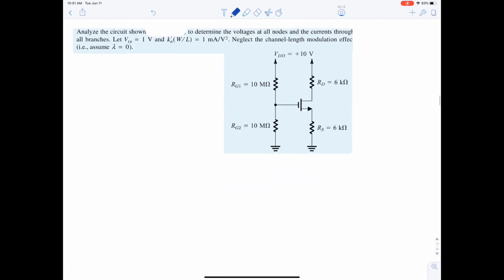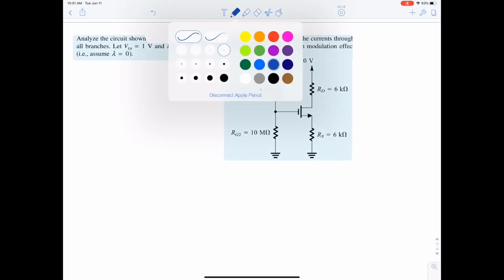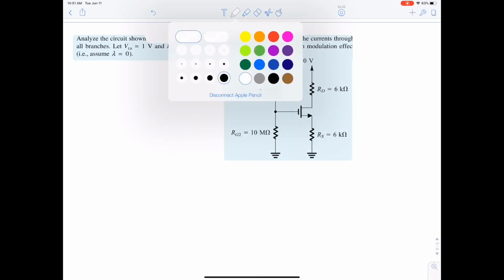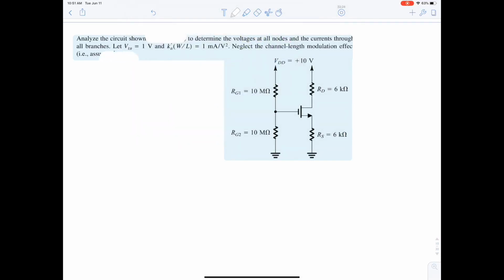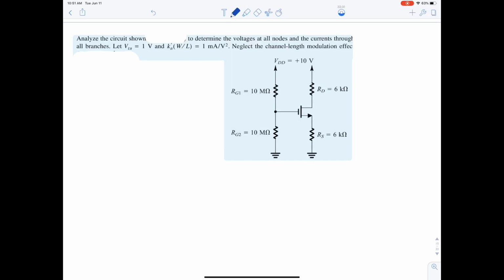Okay, next, analyze the circuit shown. Let's cancel this. Okay, now it says analyze the circuit shown to determine the voltages at all nodes and currents through all branches.